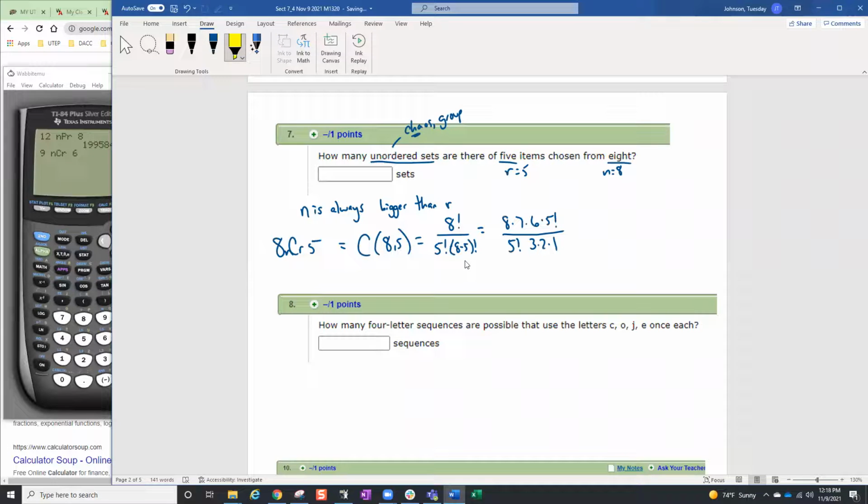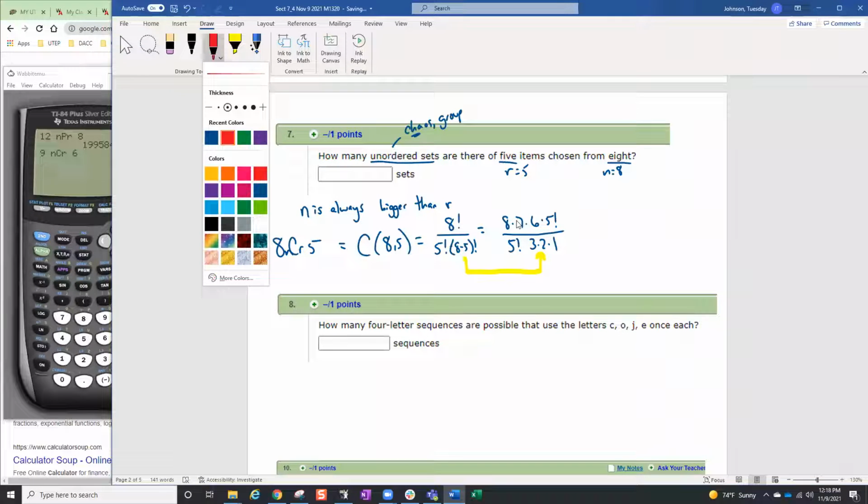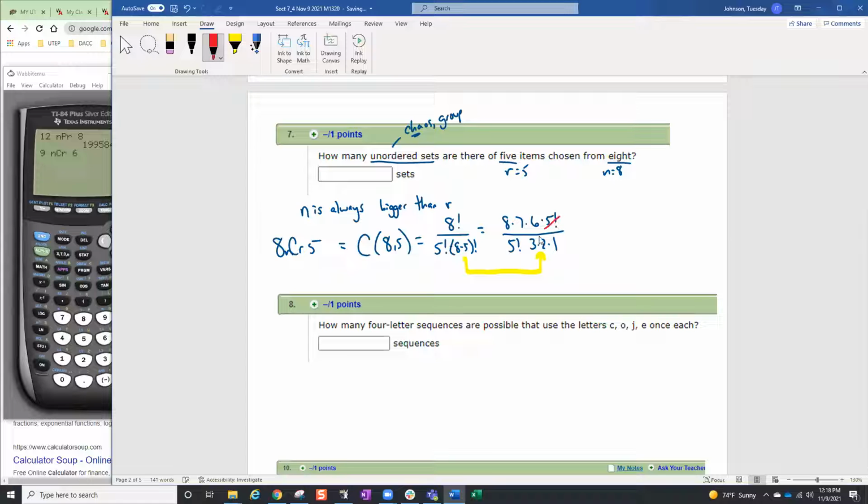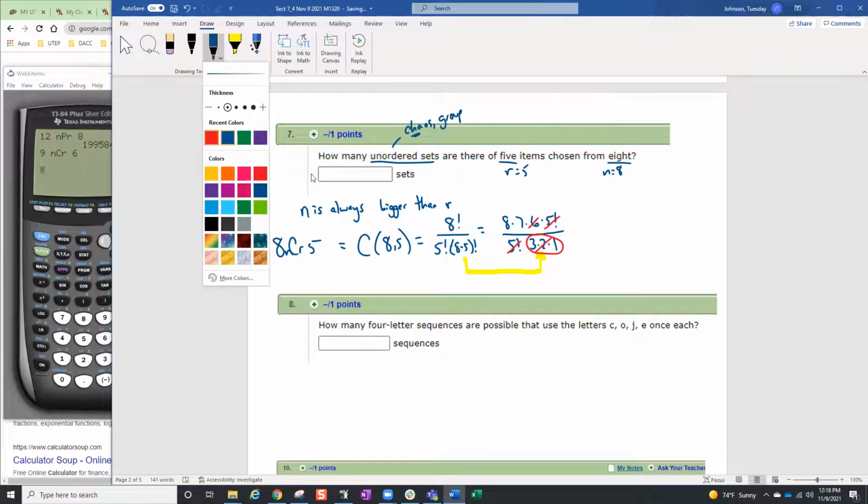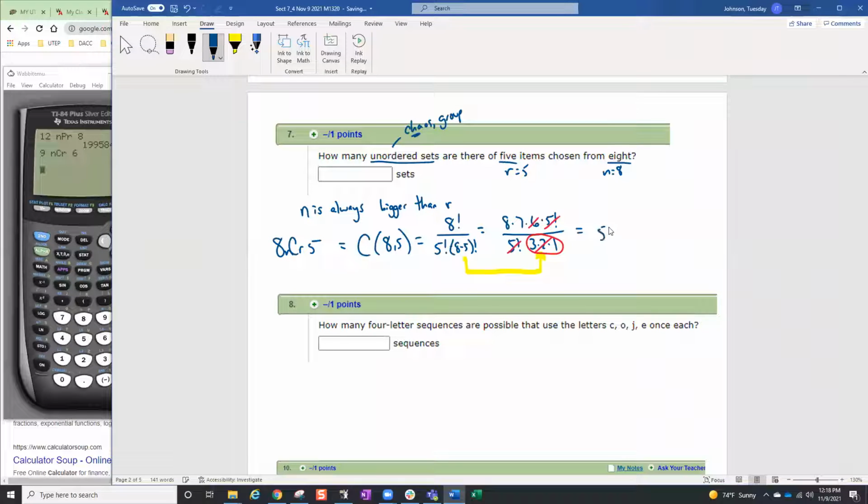Let's make it a highlighter. Using red. This 5 factorial cancels my 5 factorial. This 3, 2, 1, 3 times 2 times 1 makes 6. And so our answer for this is 56. And if you did that on the calculator, you got the same answer.